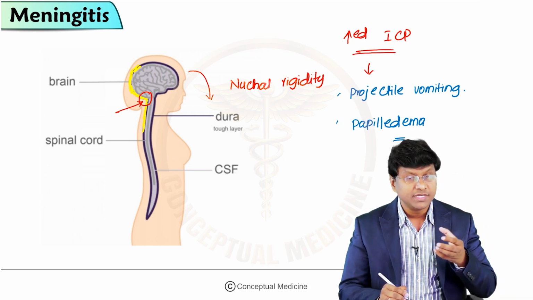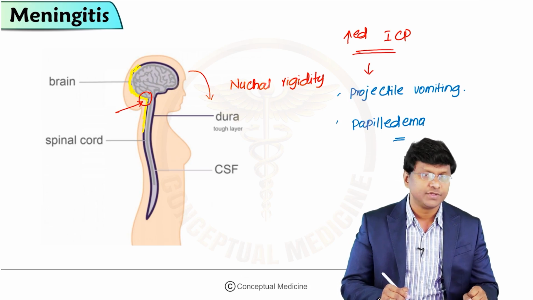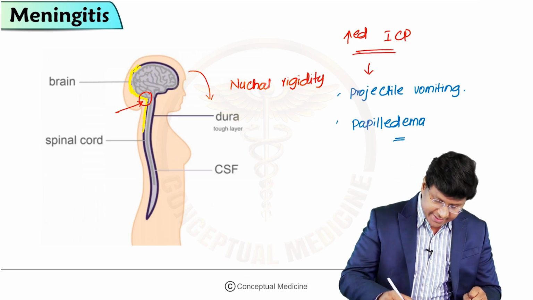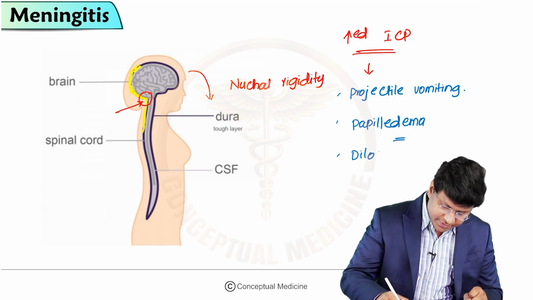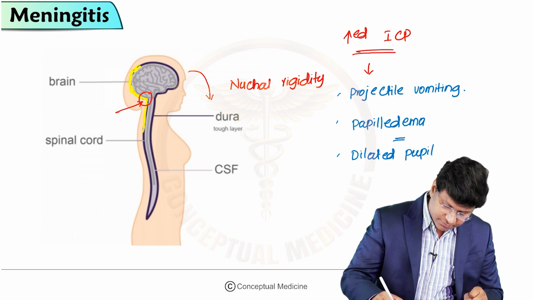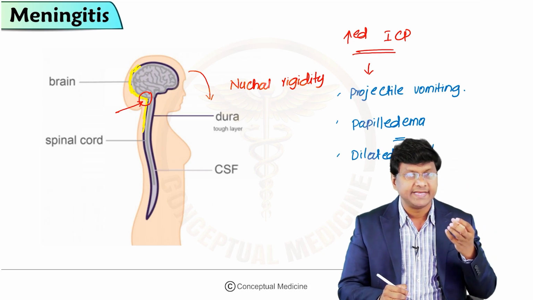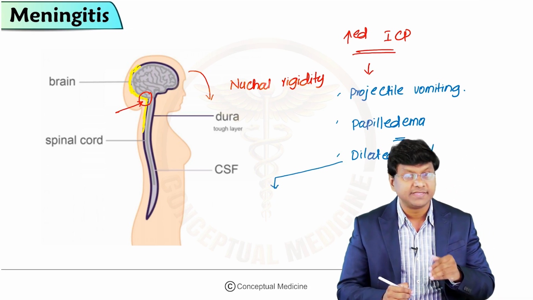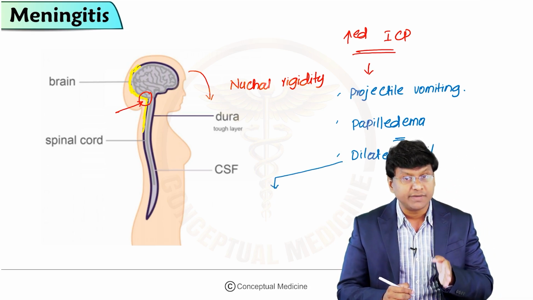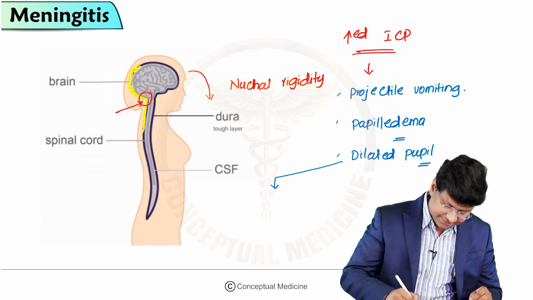So papilledema is due to inflammation of the optic disc. And you see the pupil, you will have a dilated pupil. Now, why do you think these individuals have a dilated pupil? That is due to compression of the third nerve.